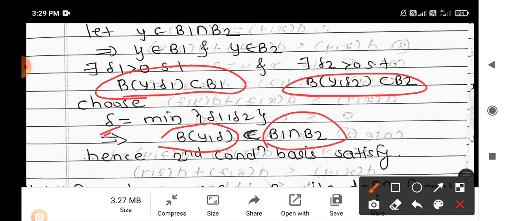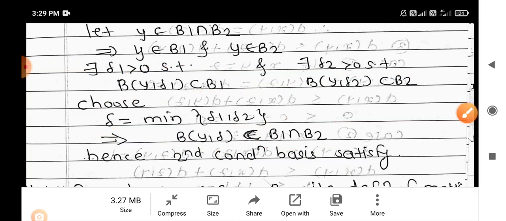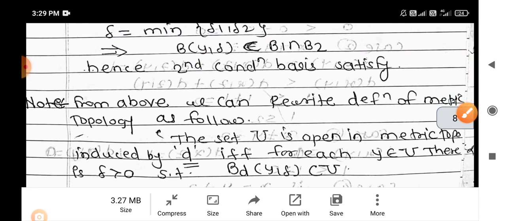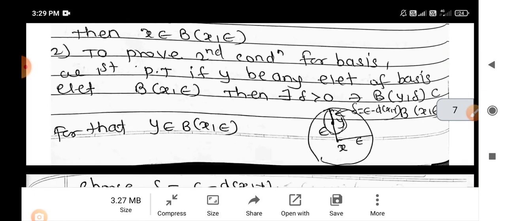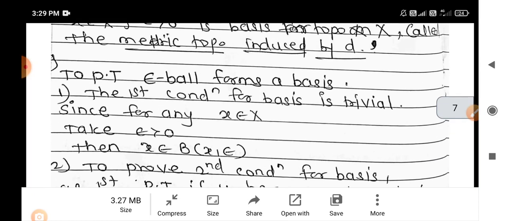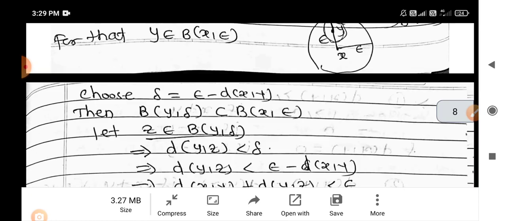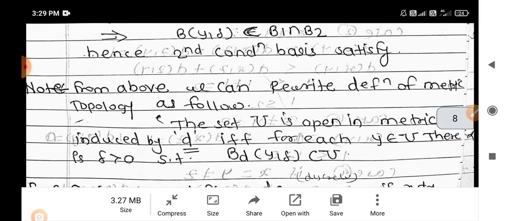So this is contained in b1 intersection b2. This is the basis element which satisfies the second condition for the basis. So we say that this collection, that is the collection of all epsilon balls, forms a basis for a metric topology induced by d.